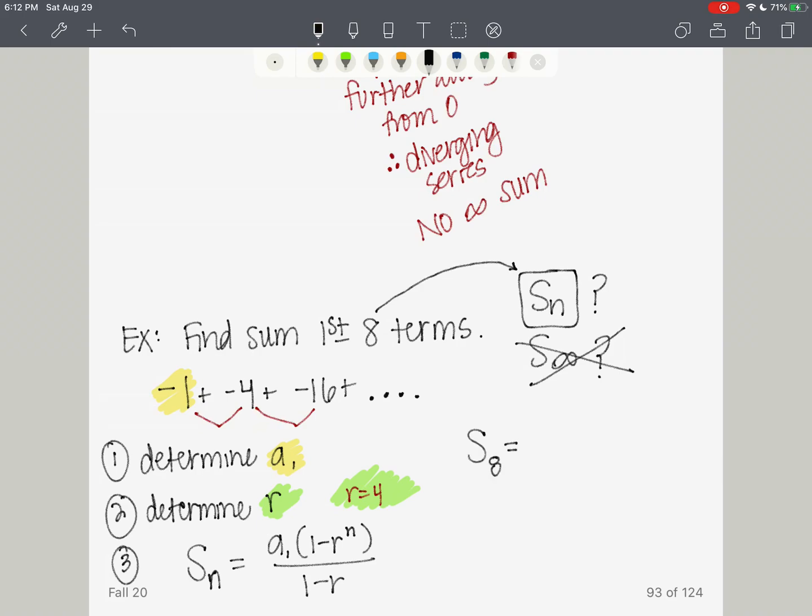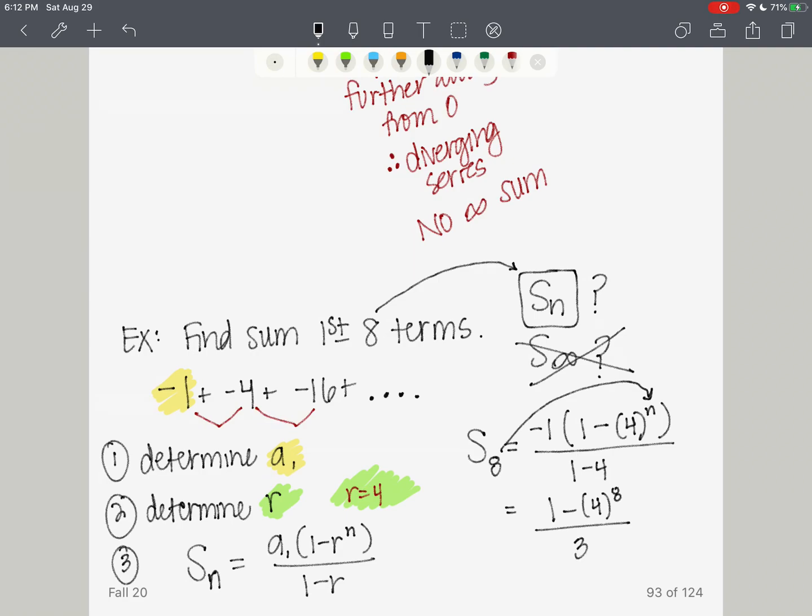The sum of 8 terms is equal to the value of the first term times 1 minus 4 raised to the nth power all over 1 minus 4. Well, I've got -1 over -3. The negatives are going to cancel out, so I have 1 minus 4 to the 8th power, since n is 8, all over 3.